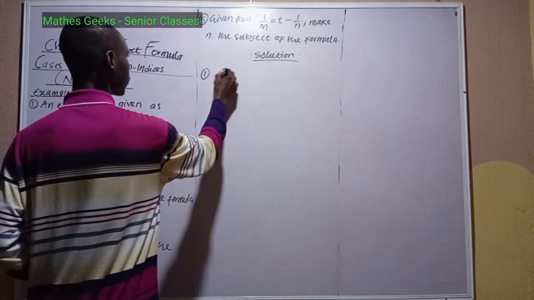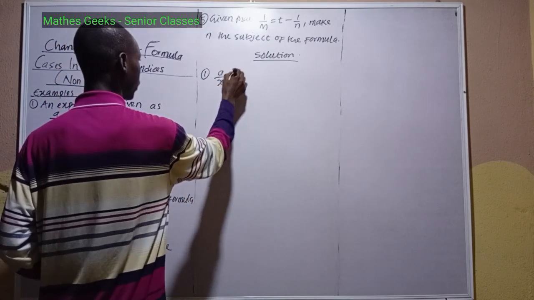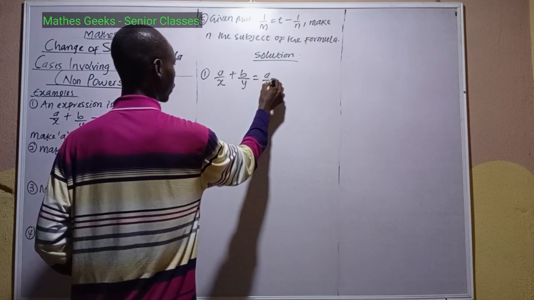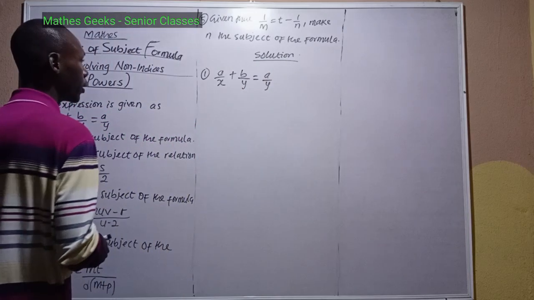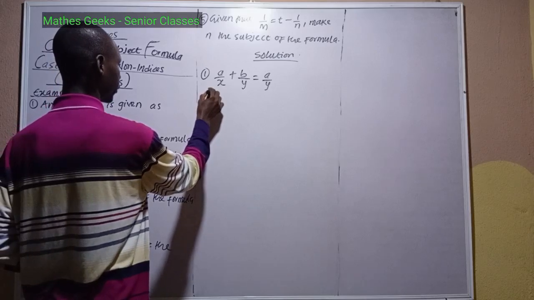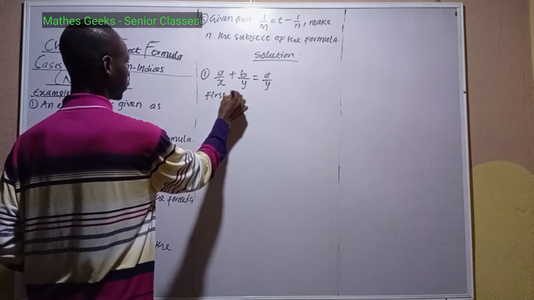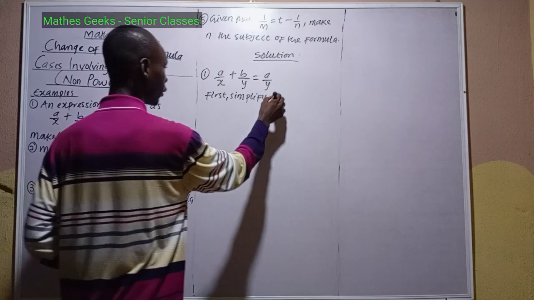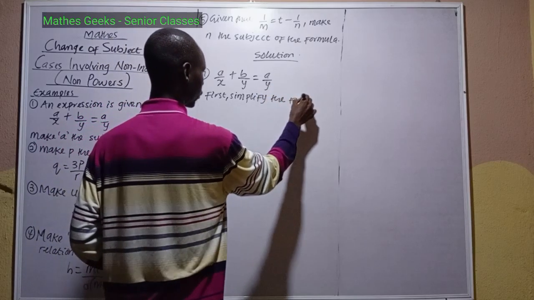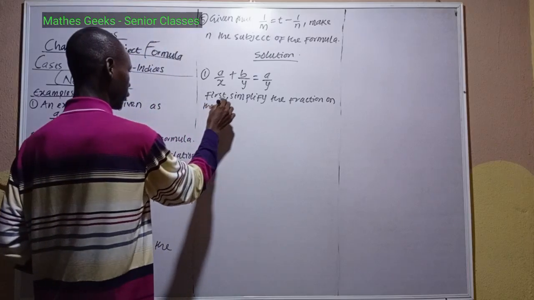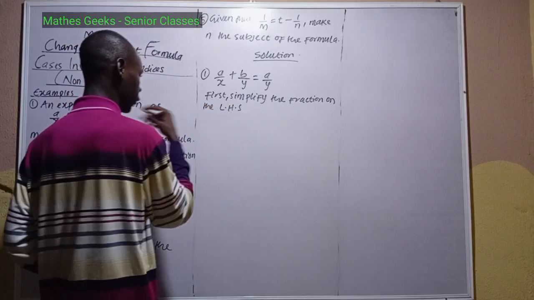Number 1, P over X plus B over Y equals E over Y. We want B to be the subject of the formula. We first simplify the fraction on the left hand side.